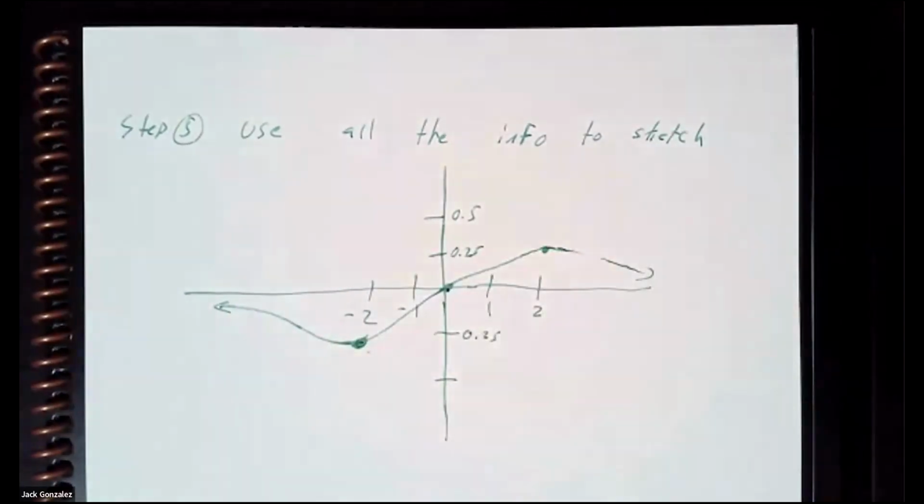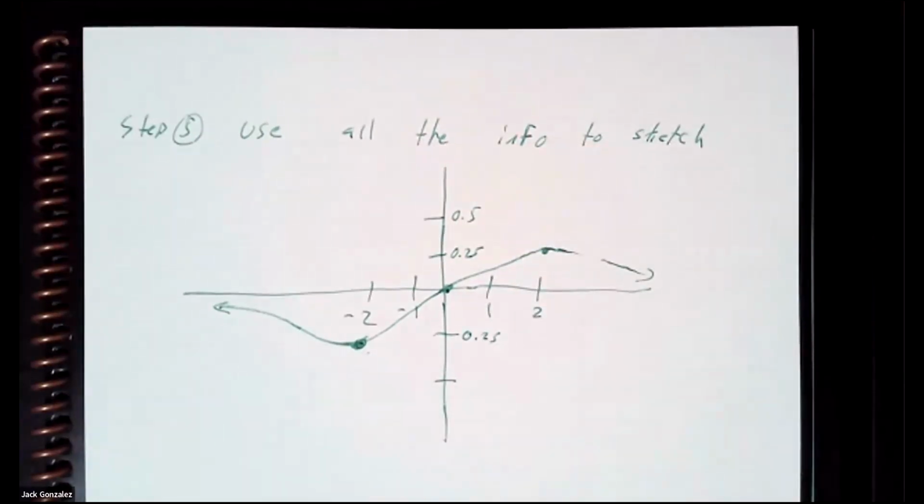Minimum. That's my rough sketch. So in the exam, that's what I want to see: just find your local extrema, your intercepts, and just do a sketch. It doesn't have to be perfect. I don't know how accurate that is. Let's see.